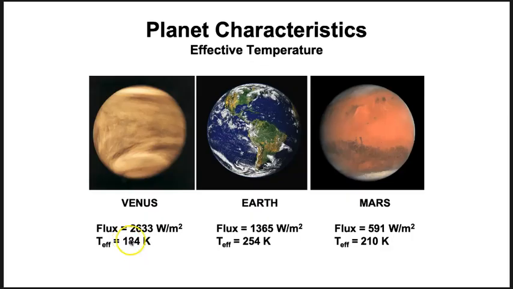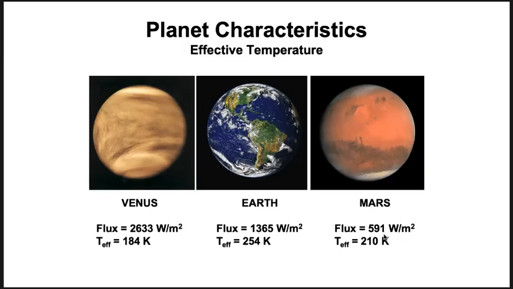And so since a lot less of that sunlight gets absorbed to warm the planet, the effective temperature predicts that Venus should be cooler. It should only be 184 Kelvin. Mars is farther from the sun than Earth is, and therefore it's got less flux of sunlight shining on the planet.